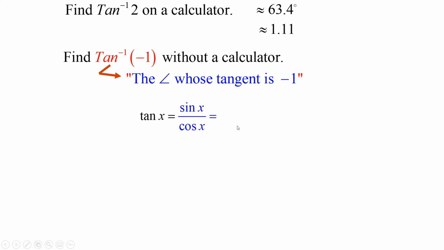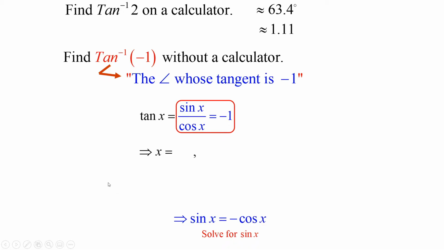All right, so equals, and let's picture a circle right now. Okay, when does sine of x over cosine of x equal -1? Well, let's make this even easier. Let's take this and solve for sine of x. So let's multiply both sides by cosine of x, and you would get sine of x equals negative cosine of x. There you go. So when does sine and cosine have opposite outputs?